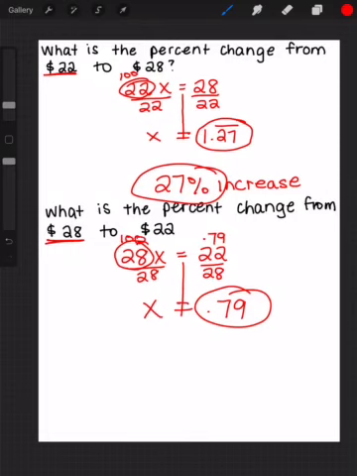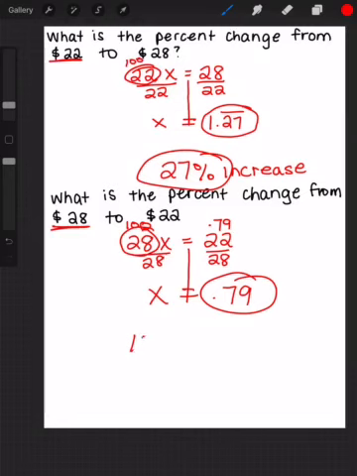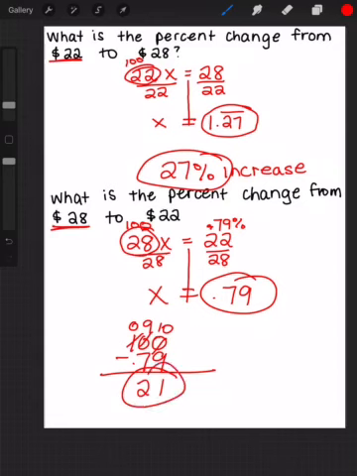This was our 100. So what did we do to our 100 to get it to 0.79? We have to subtract to figure that out. Excuse me, so that should be 79%. So we had a 21% decrease.